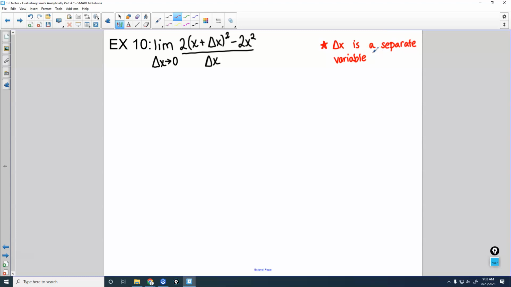They'll use like an H. So our textbook has chose to use delta x, which means like the change in x, but you could treat it like it's a H or a K or a Z or some other variable, right? It is a single variable. It is not delta times x. It is its own variable, right? So whenever you see it, you're thinking of delta x as being just one letter. It does not mean something times x, okay?